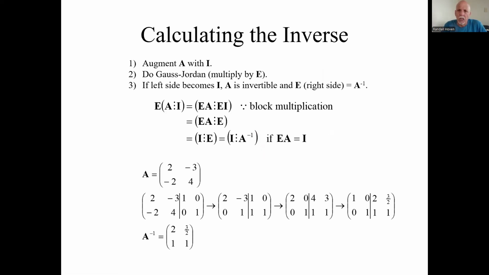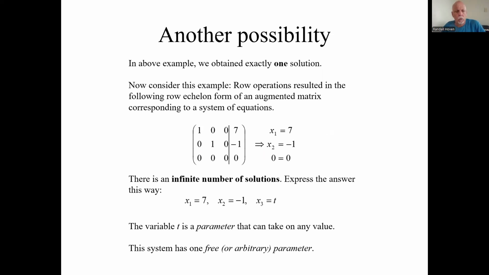Let's see what else can happen. Let's say we got this in reduced row echelon form after doing Gauss-Jordan elimination. Well, the top row says that x1 equals 7. The second row says x2 equals minus 1.